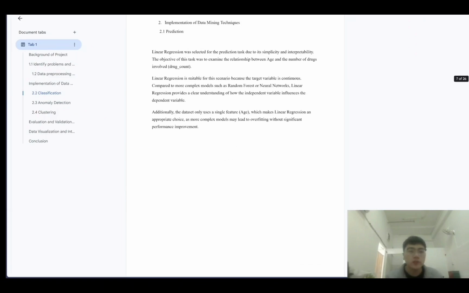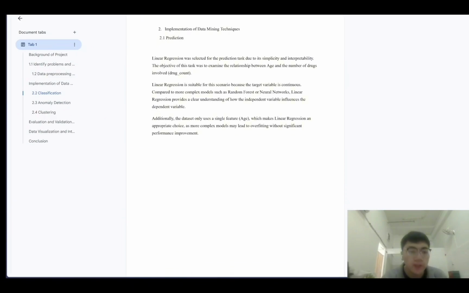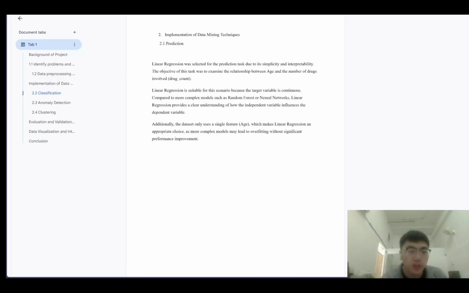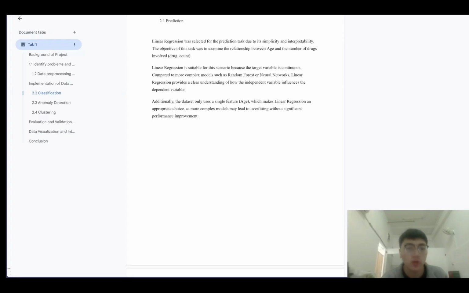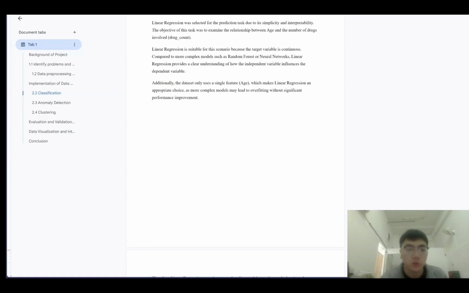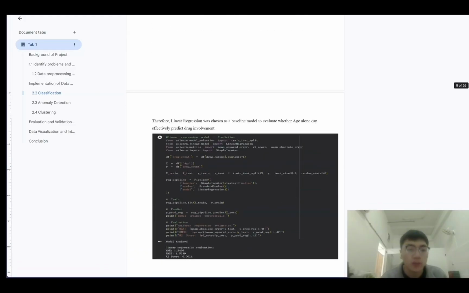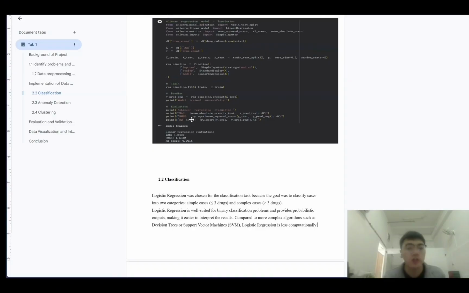In this section, we applied 4 techniques: prediction, classification, anomaly detection, and clustering. We use linear regression to predict the number of deaths based on age. This method is suitable because the target is continuous.